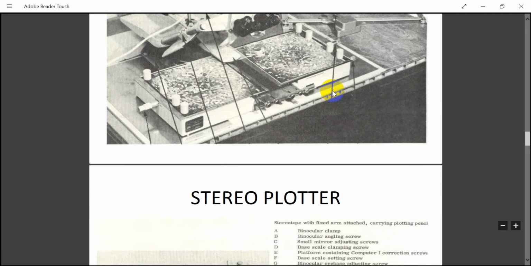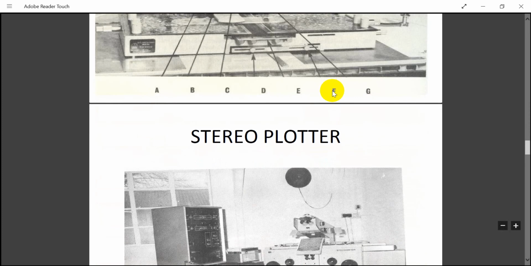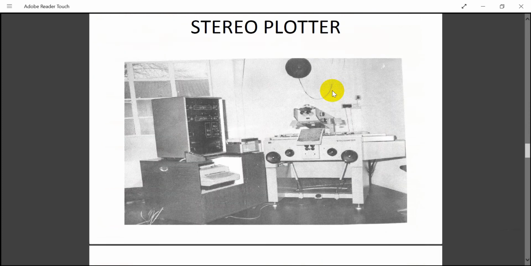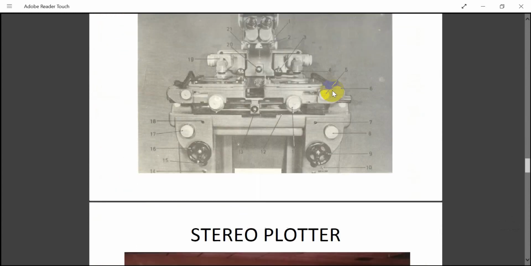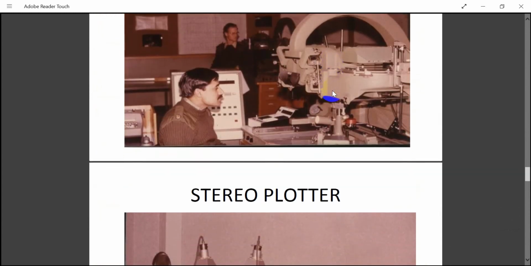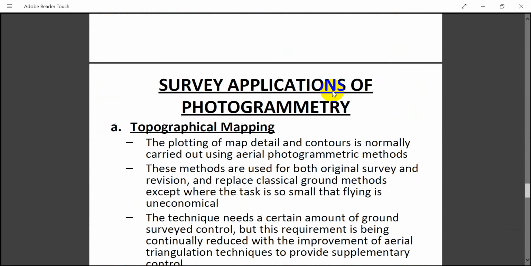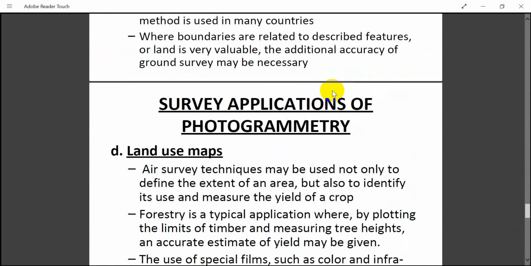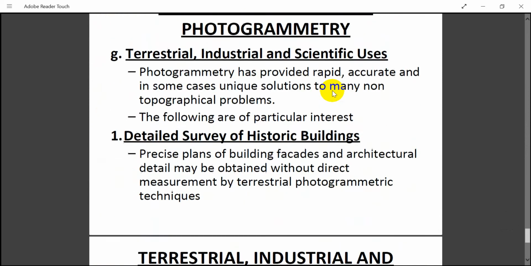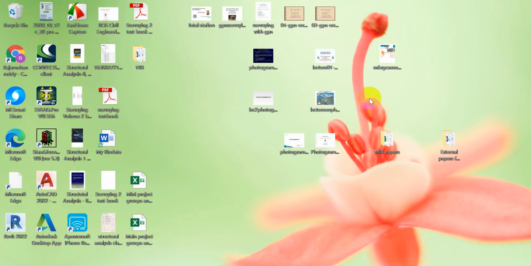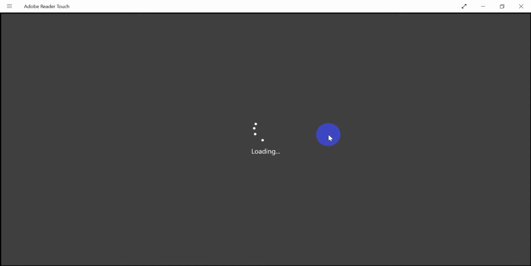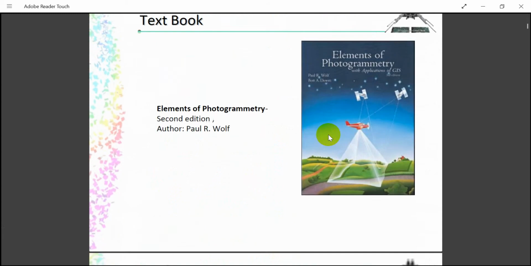See these two photos assembled; you can visualize how these softwares work with photographs and the stereo plotter. Not this PDF, some other PDF, some photographs I need to show you.